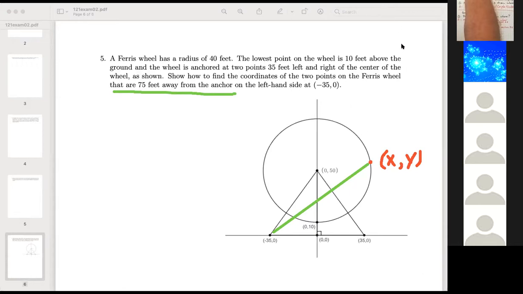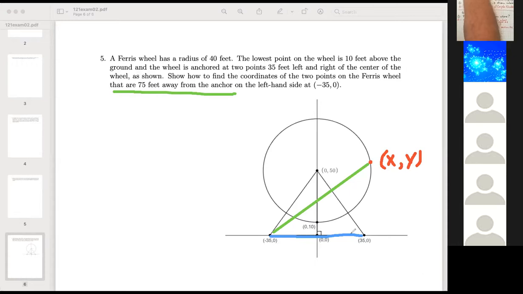I'll say one more thing, and it's too much. Do you see the distance between these two black points is 70? Because one's at minus 35, 0, and the other's at 35, 0. Well, definitely the distance between those two black dots, those two anchors, is 70. So take the blue arm that I just drew and swing it up onto the circle.